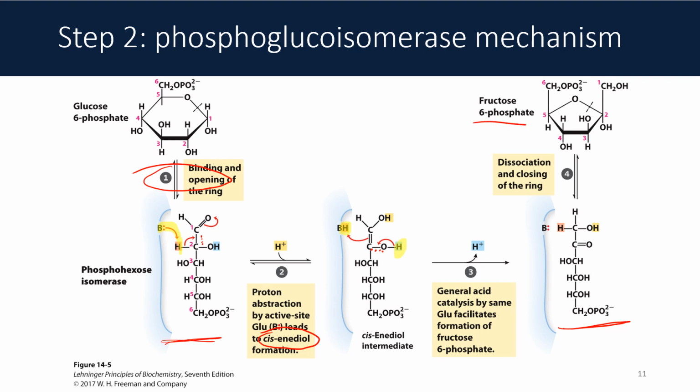I want to briefly pause and rewind here because I know this is quite jumbled looking. Let's go through this mechanism one more time, but let's just track the position of the double bond migrating throughout the molecule. And I will highlight this in a different color. Let's try blue.